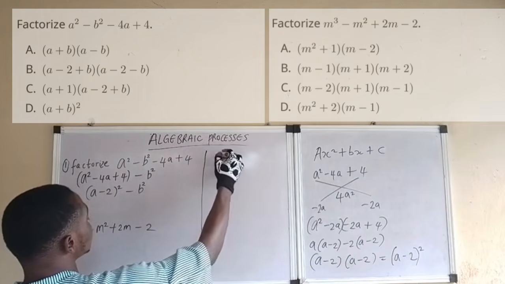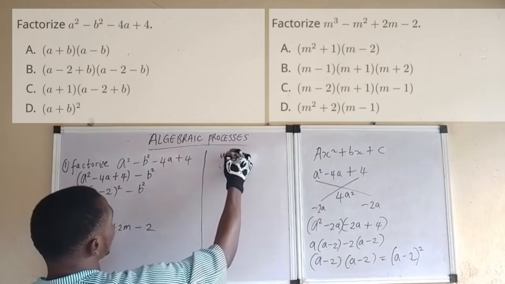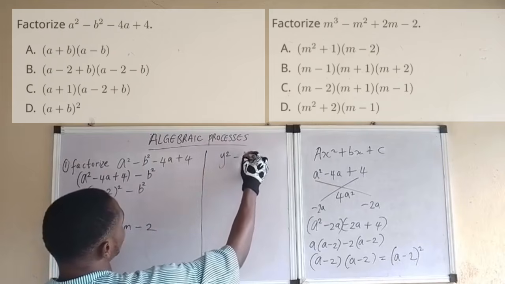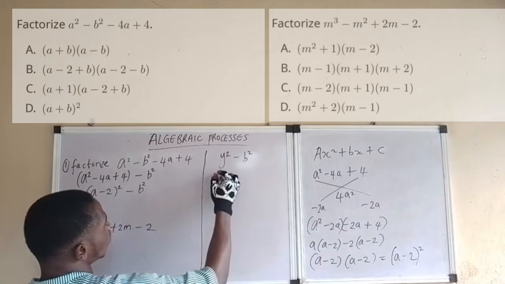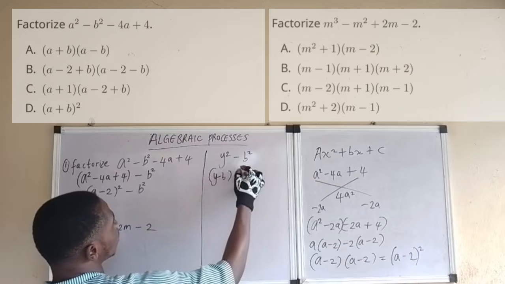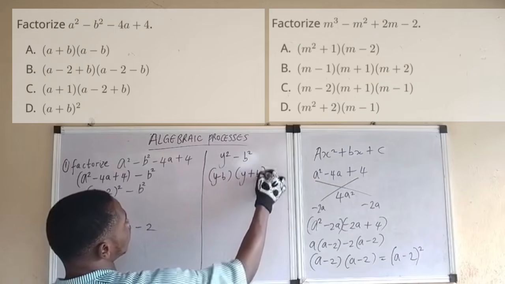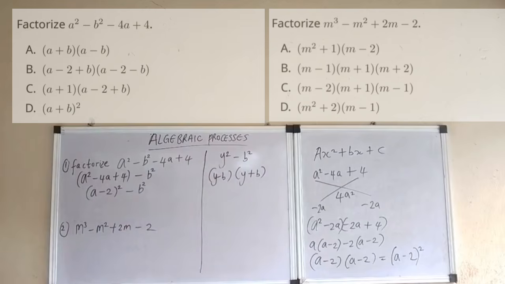So it's more like you have something. Let's say, for example, you have y squared minus b squared. To expand this in terms of difference of two squares, it becomes y minus b times y plus b. Do you understand? So that is what it means. So if you look at the options carefully, let's try to expand this in terms of difference of two squares.